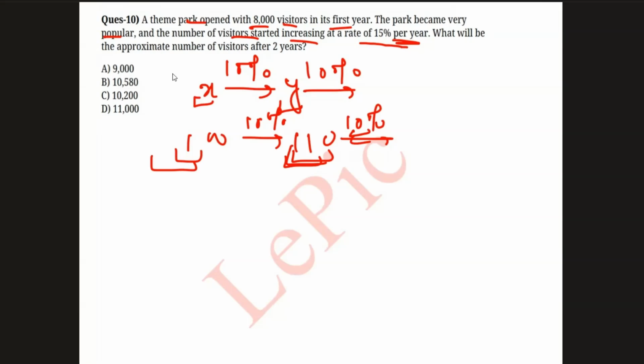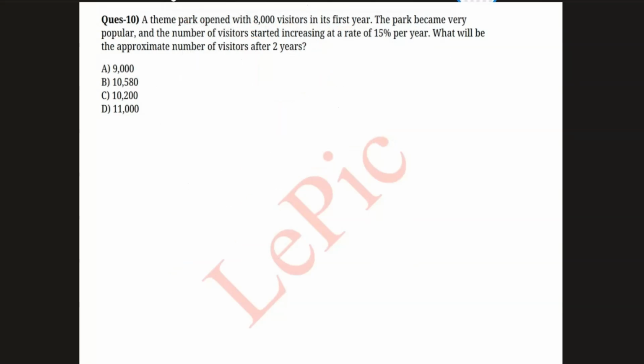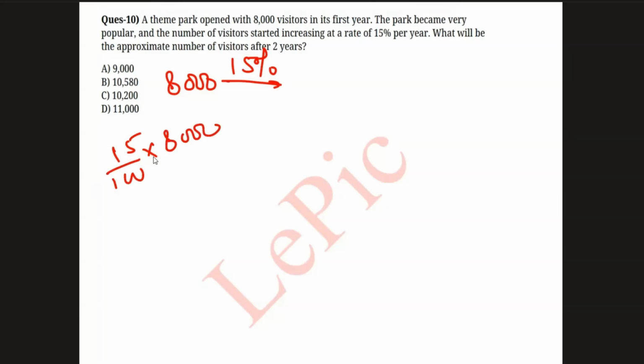So let's erase these things first and come to the question. This was the concept of successive increment. First it is 8,000. Initially it was 8,000. Now it is increasing at a rate of 15%. So when you increment 15%, which means 15 by 100 of 8,000, the zeros get cancelled and it is 15 multiply 80.